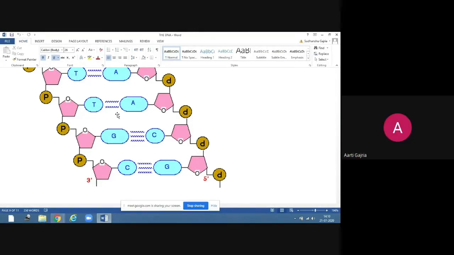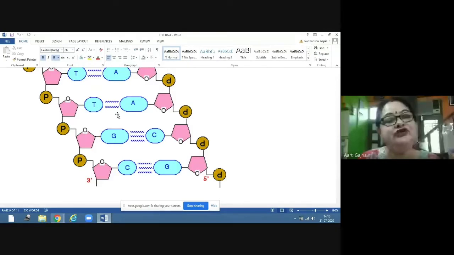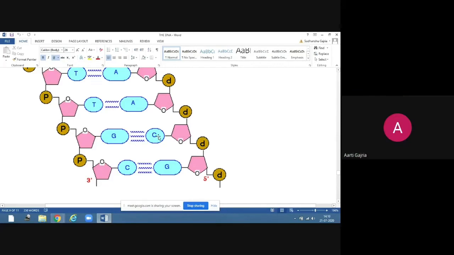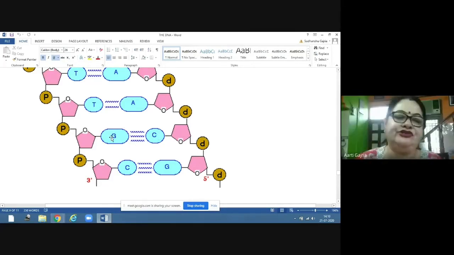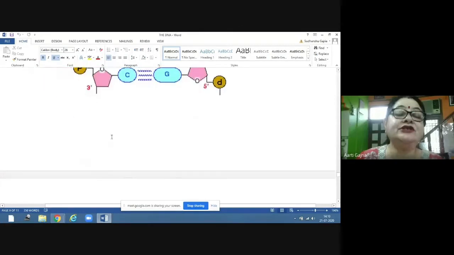Cytosine will always join with guanine. Guanine will always join with cytosine, not with adenine or thymine. So A will join with T, T will join with A, G will join with C, C will join with G. This is called complementary base pairing.